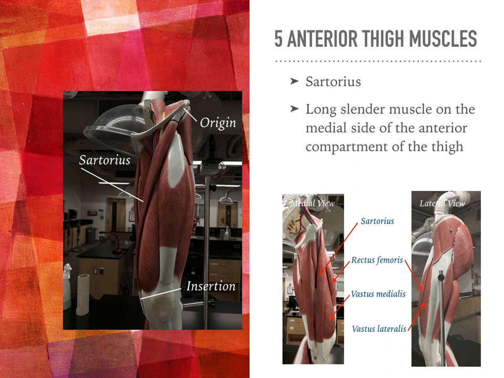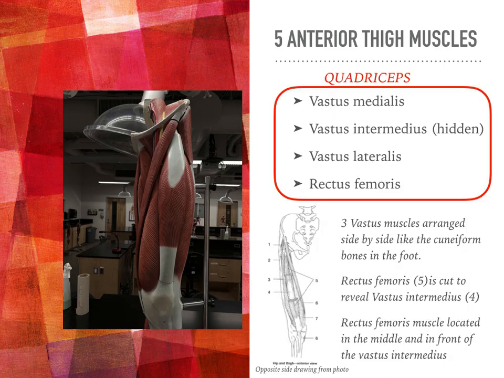If you look at the other 2 pictures, you can see bits of it from a medial or a lateral aspect. So you want to get to know this muscle first and move it out of the way, and then we can focus on the quadriceps, the 4 muscles that are the large muscles in the front.